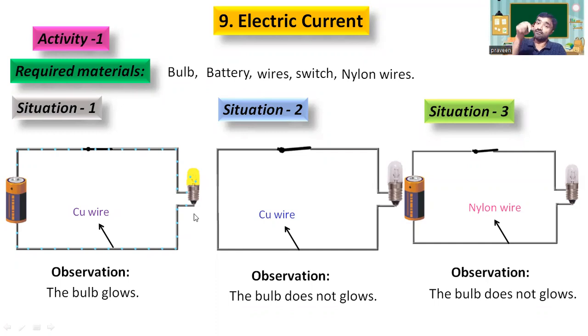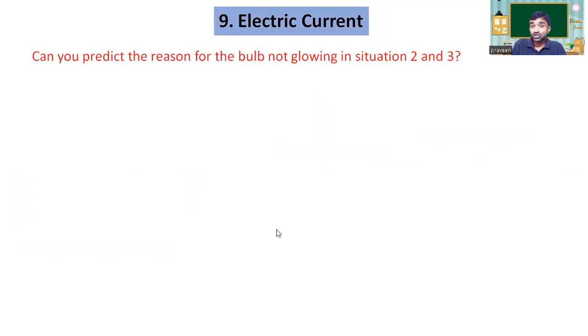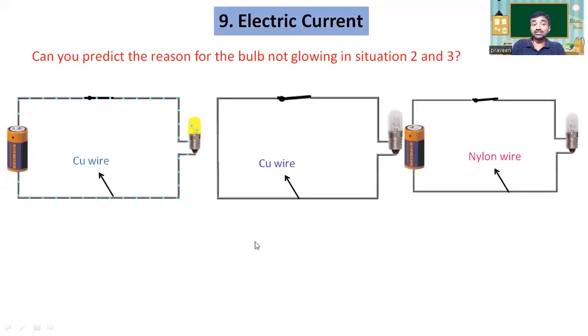I used wire only, but made of a different material. So these are what I realized. Then I question myself about the reason for the bulb not glowing in situations 2 and 3. So I already answered that the reason is no copper wire in situation 3, no source in situation 2, right?